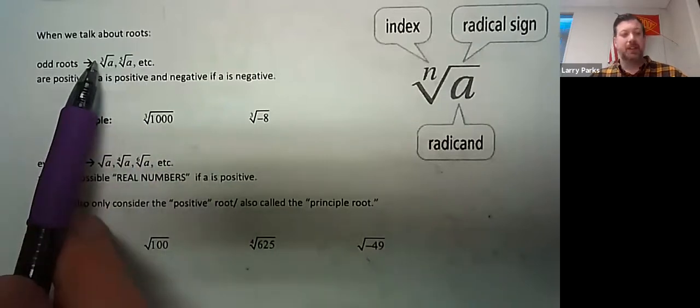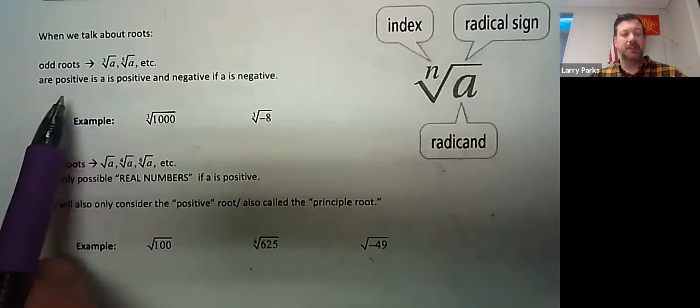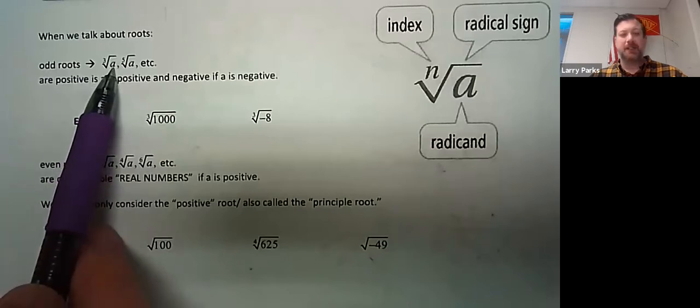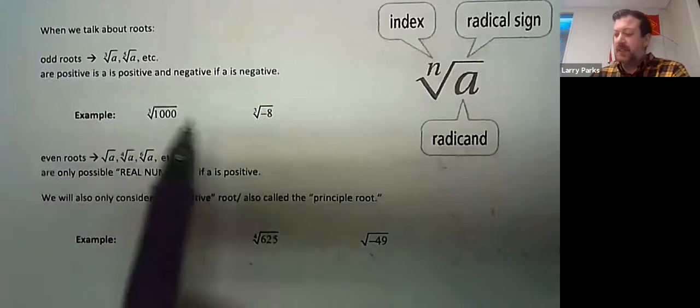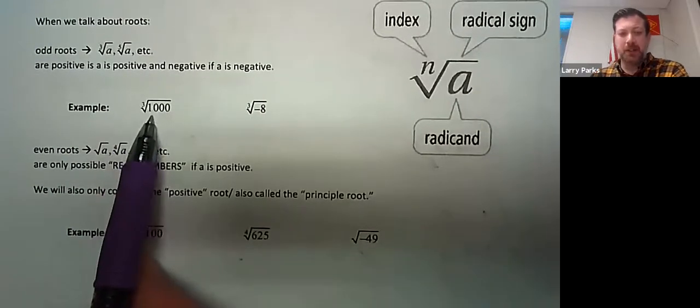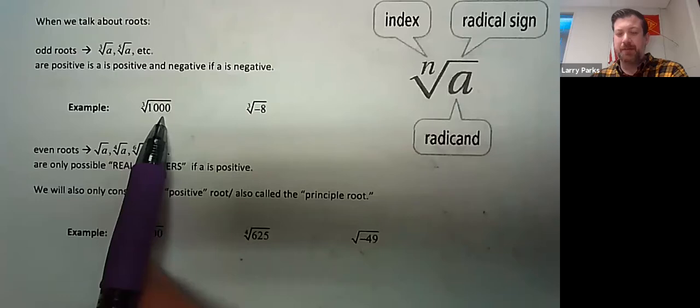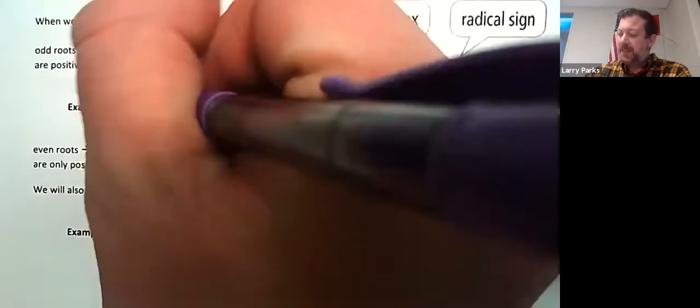Anything with the odd roots are going to be positive if a is positive, and if a is negative, it's going to be negative. So here, what times what times what is 1,000. Well, 10 times 10 is 100, times 10 is 1,000, so that would be 10.